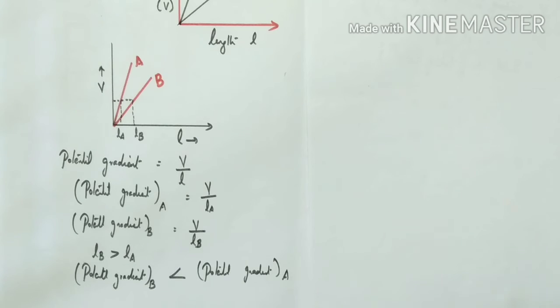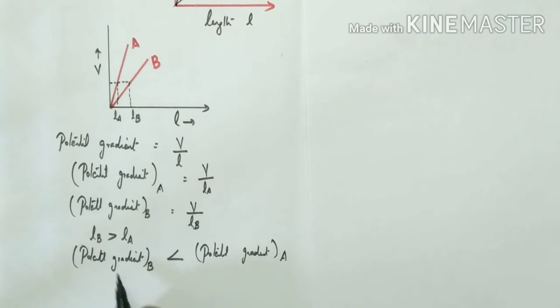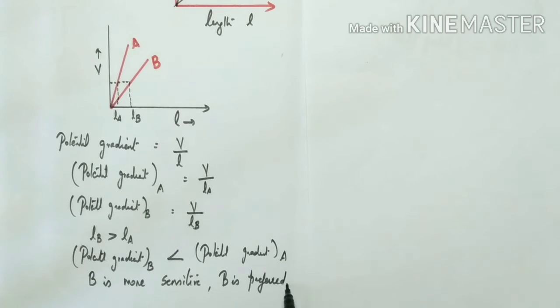So since B has lesser potential gradient, B is considered to be more sensitive. So which is more preferred to find the EMF? B is more preferred. Since potential gradient is less, B is more sensitive and hence B is preferred for finding the EMF of the cell.